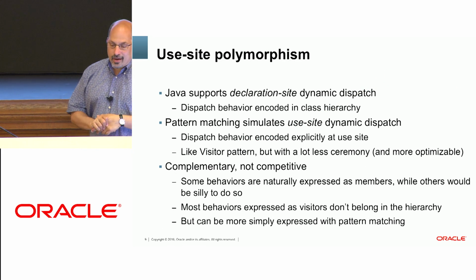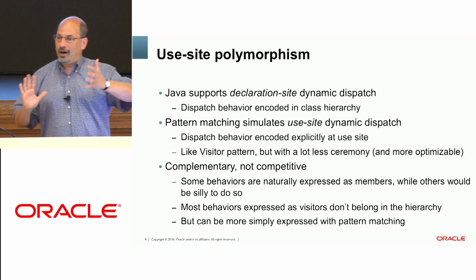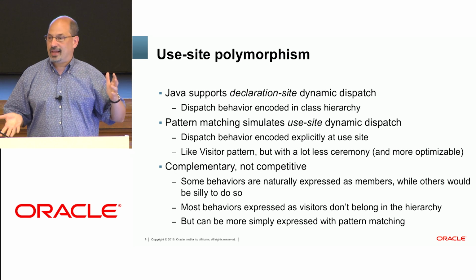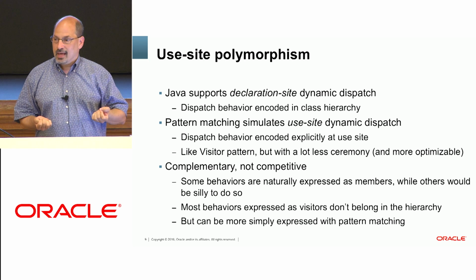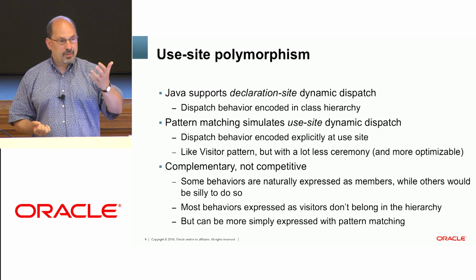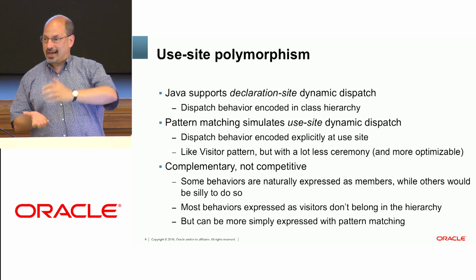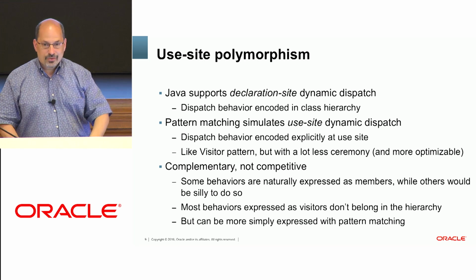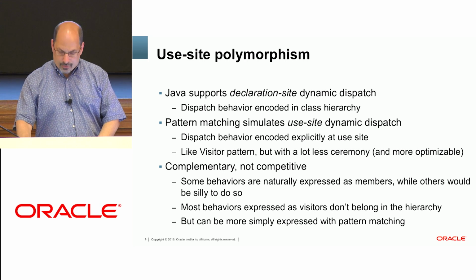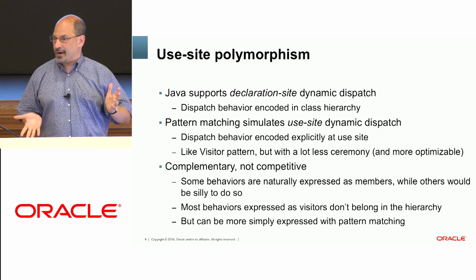So, you can think of this as being the complement of the kind of polymorphism that we get out of class inheritance, right? So, the polymorphism that we get in Java has to do with classes declaring methods, classes getting extended by other classes, and those classes can override methods from their supertypes. And then Java gives us dynamic dispatch on the receiver type, and so this polymorphism is encoded in our class hierarchy.